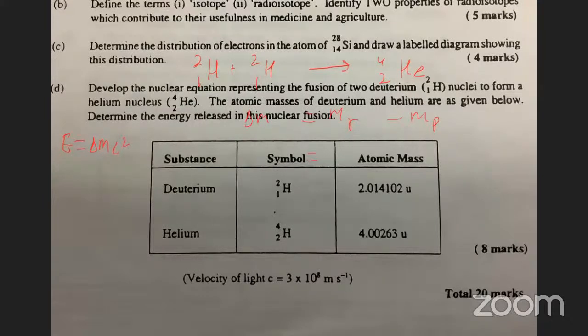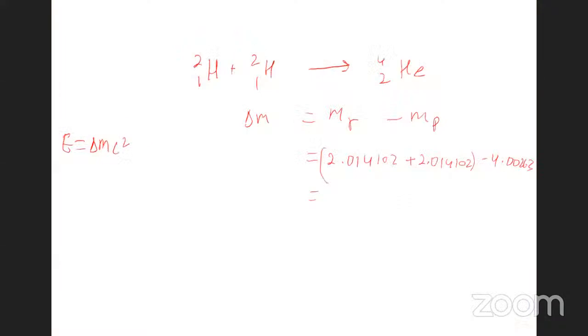What's the mass of the reactants? 2.014102 plus 2.014102, and you're minusing a helium, right? 4.00263. How much is that?